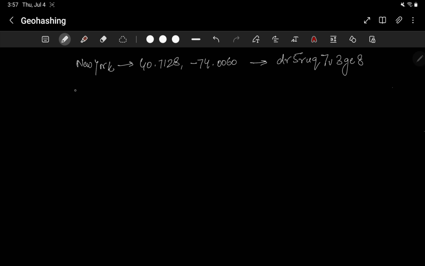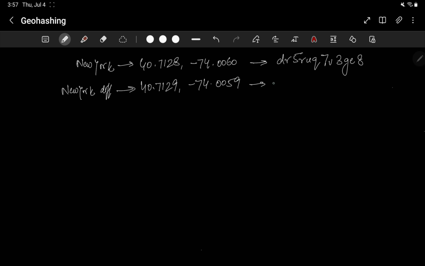Next, take the example of a nearby location to something in New York only. New York, different location. Okay, its coordinates are, you'll see from the coordinates that they are nearby. That's 40.7129, comma, minus 74.0059.